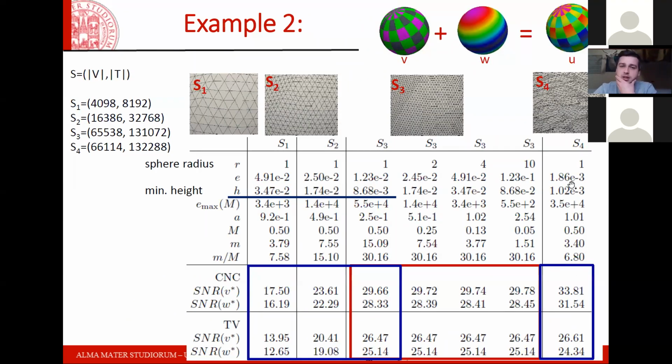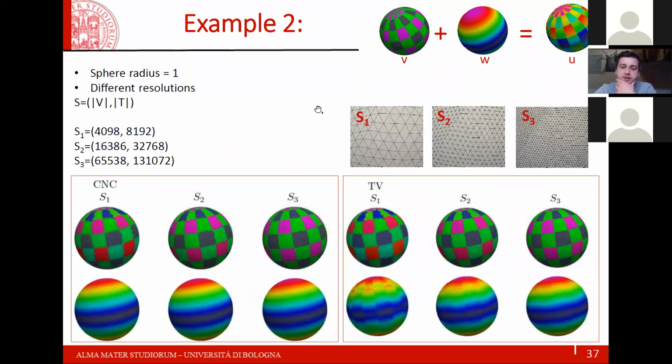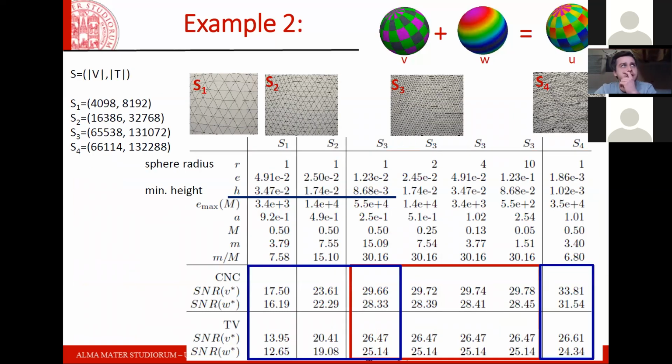In this example, I would like just to show you that the function over a sphere is defined as a sum of these two components v and w, and the influence of the mesh on the result.